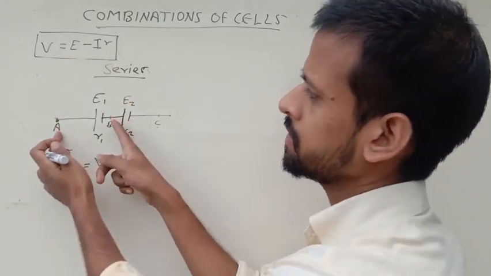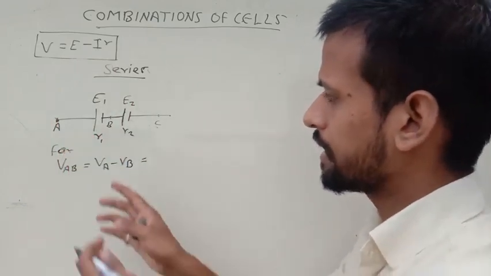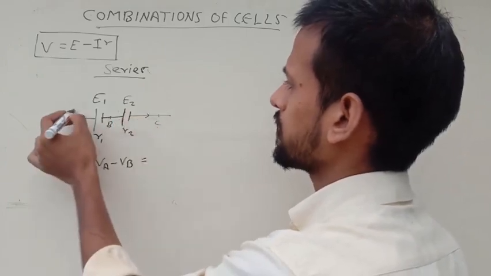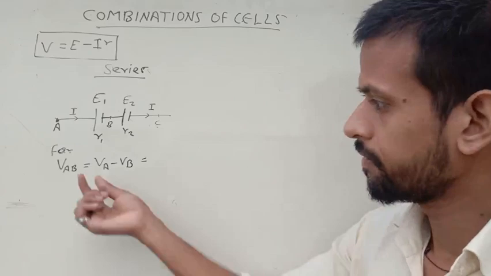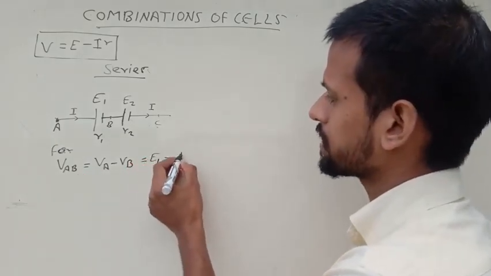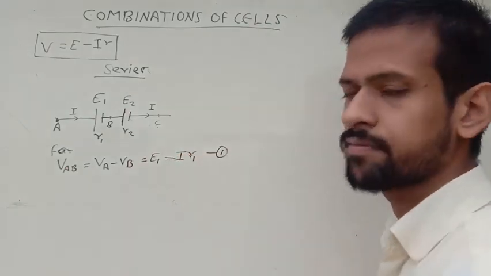For this cell the EMF is E1 and the resistance is R1, and the current flows in this circuit from here to here. This is I. Then VAB is equal to E1 minus I R1. This is equation number 1.